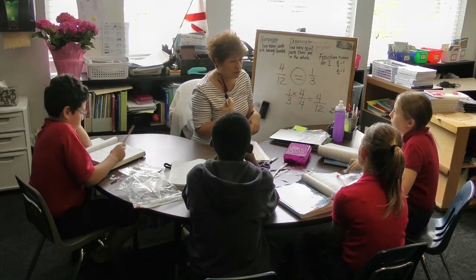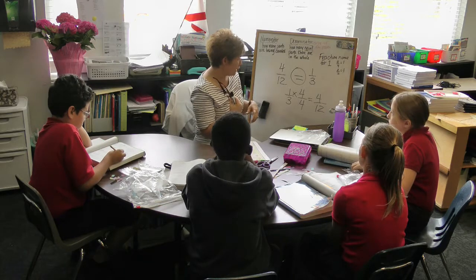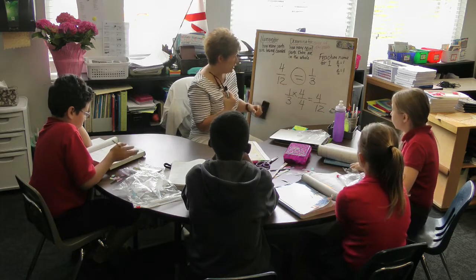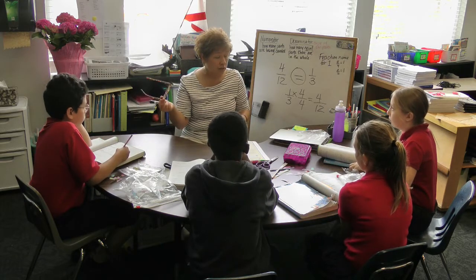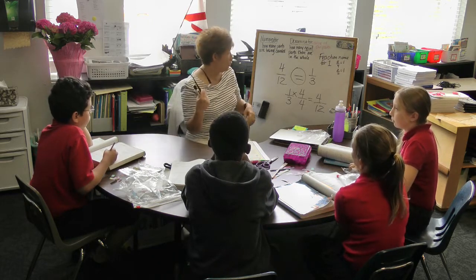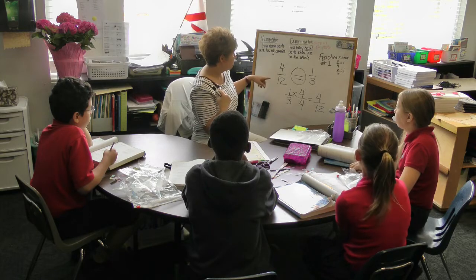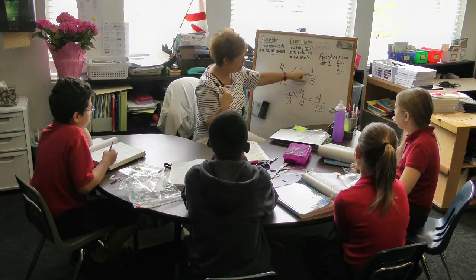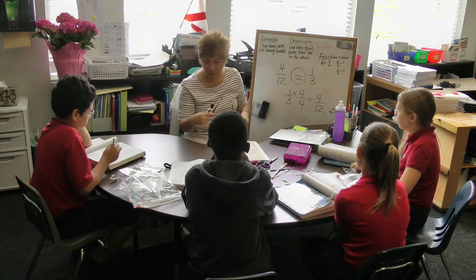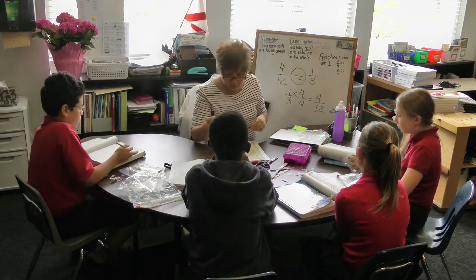Since division is the inverse of multiplication, you could have worked in either direction. But Glenn took his knowledge of his multiplication facts, knowing the multiples of this fraction here. Very good. Any questions?